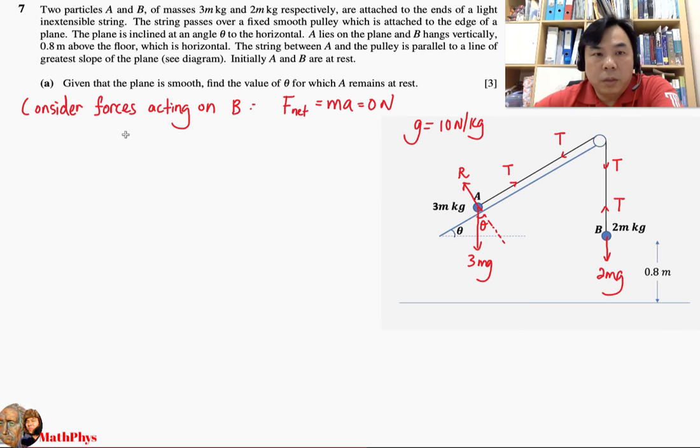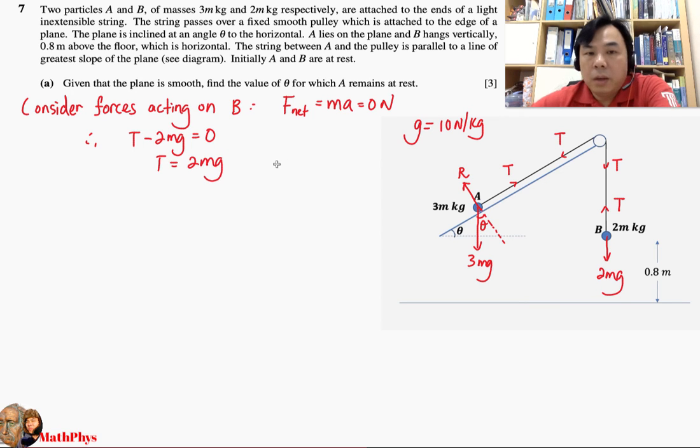Because they are in equilibrium, therefore we can say that T minus 2mg is equal to 0, and then we know that the tension must be equal to 2mg here. Okay, now of course that's not what we are trying to find here.